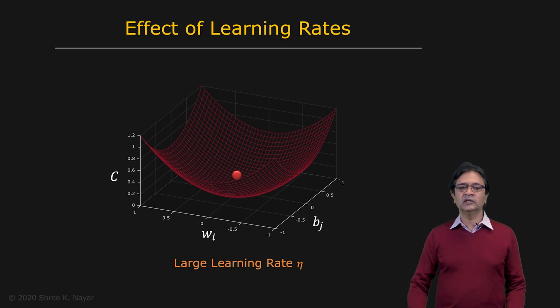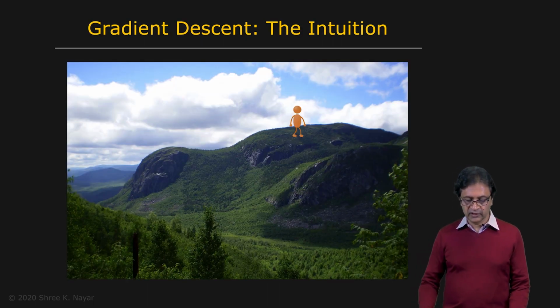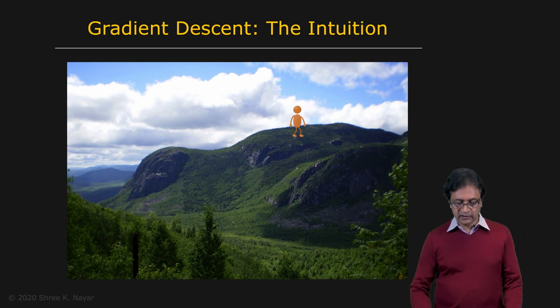So just to give you a little bit more intuition for how gradient descent works, I'm going to use this caricature right here. Imagine that this is some mountainous, hilly terrain, and you happen to be standing right here. And your singular goal is to get to the lowest point in this terrain. All you need is a way to find the derivative, the gradient of the terrain at this particular point.